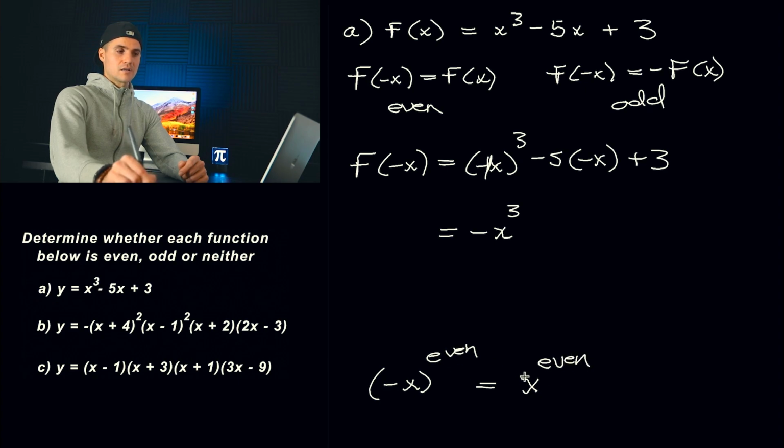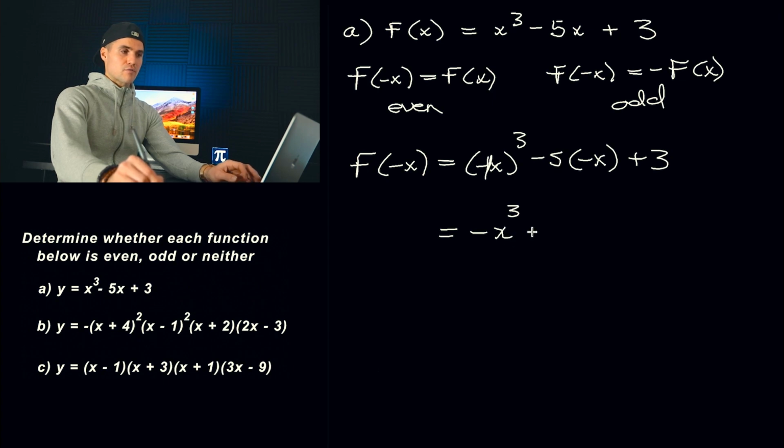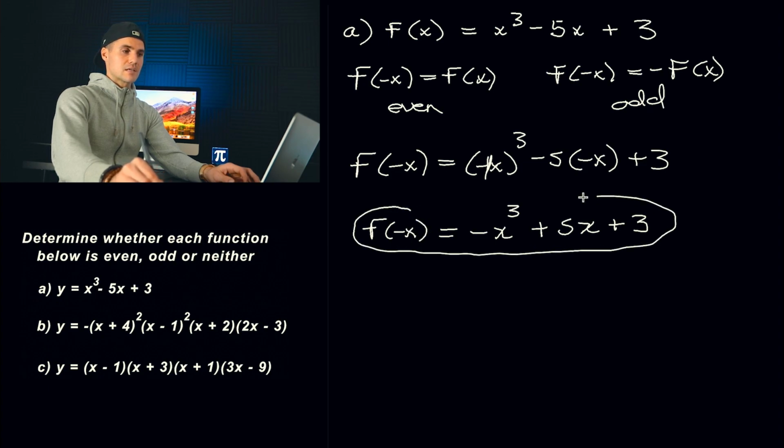But if this is odd, you'd end up with negative x to the power of that odd exponent, right? So this would be negative x to the power of 3. Negative 5 times negative x gives us positive 5x, and then that is positive 3. So this here is what f of negative x is equal to, the simplified function.